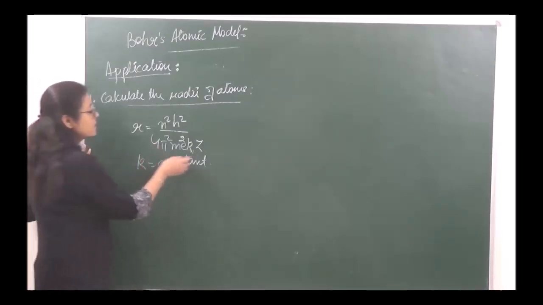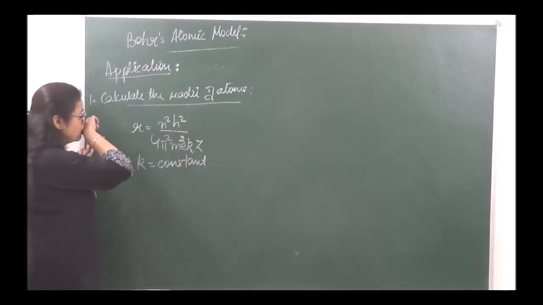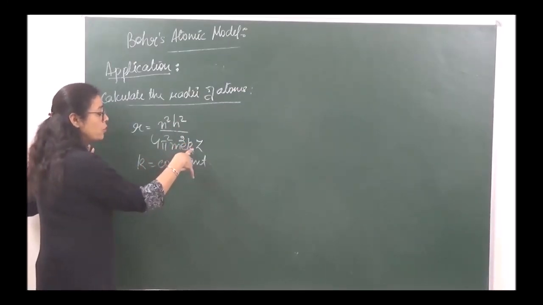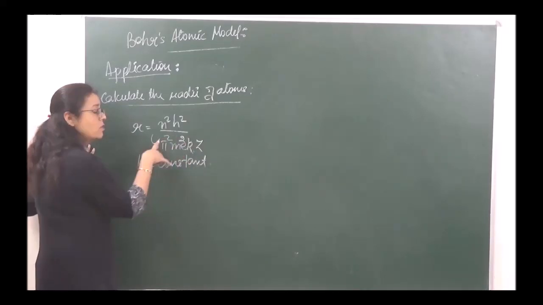Now over here, all these values, that is H, pi, M, E and K, are constants.